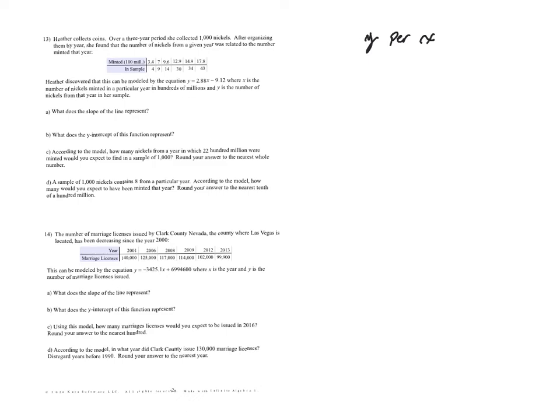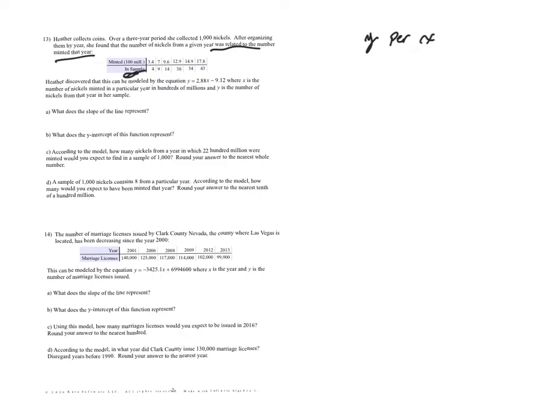So if you look in this case, it says in sample. So we've got to read a little bit in the problem. Heather collects her coins over a 3-year period. She's collected 100,000 nickels. She found the number of nickels from a given year was related to the number minted that year. So the number in sample we're talking about are the number of nickels she found. And when it says minted in 100 millions, that's how many 100 million nickels were minted that year.